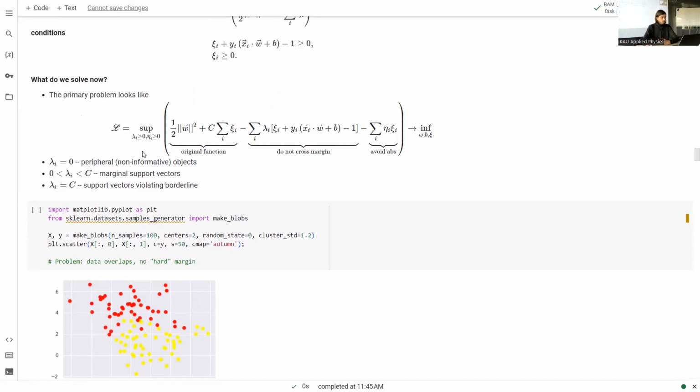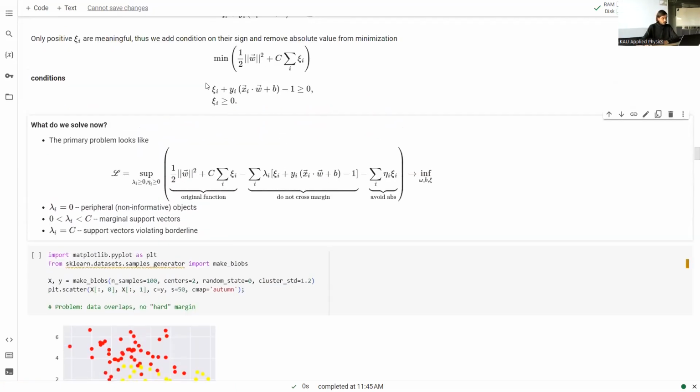When my conditions are fulfilled, this part with this minus sign, it is negative. So taking a supremum will mean that I will set lambda i to 0.